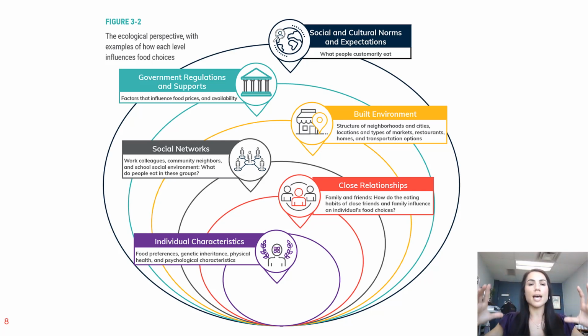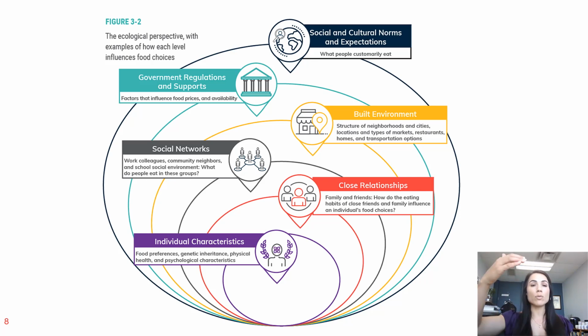But then we also know that the individual is around friends and family. They have close relationships, and those relationships are going to influence the eating habits they have, or the physical activity habits they have, even some of the psychosocial health they might have, like how they view their body, or potentially even their anxiety and depression. So how their close relationships act around them is going to influence them as an individual.